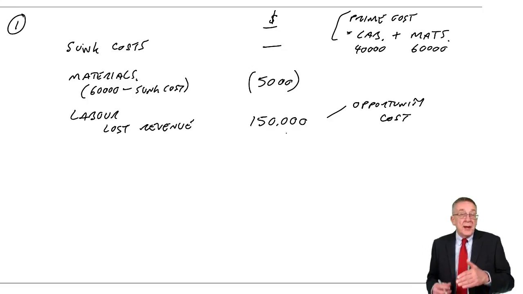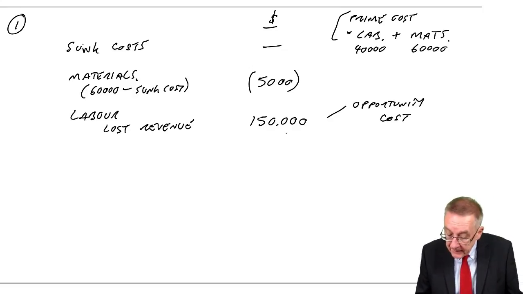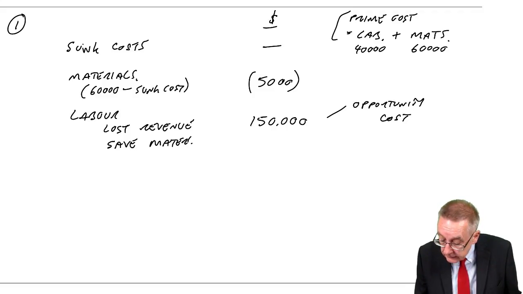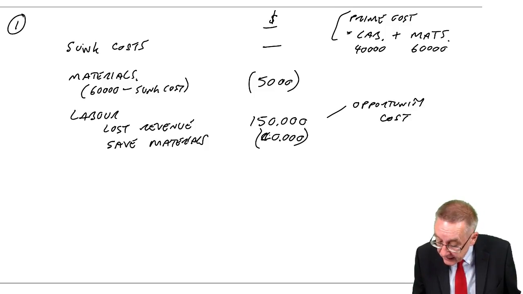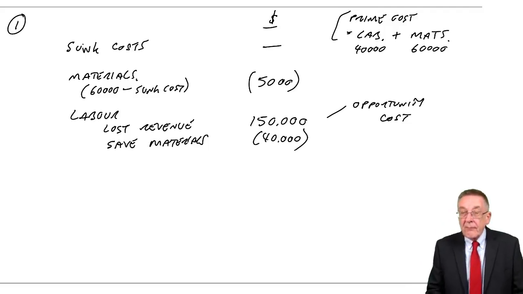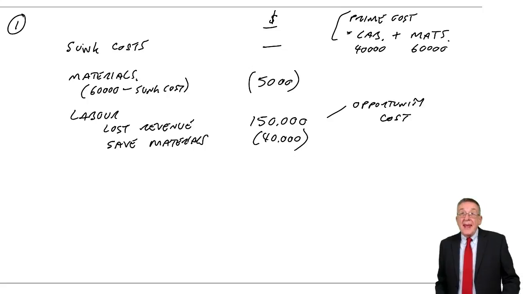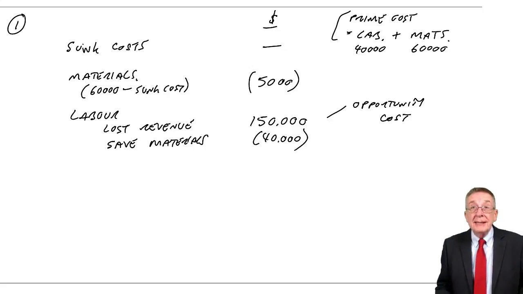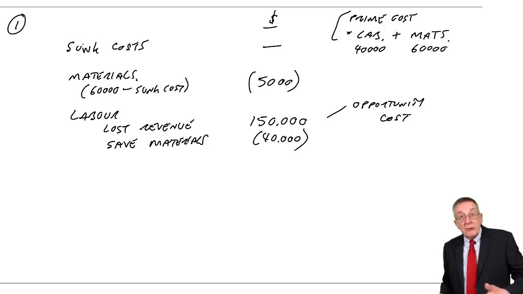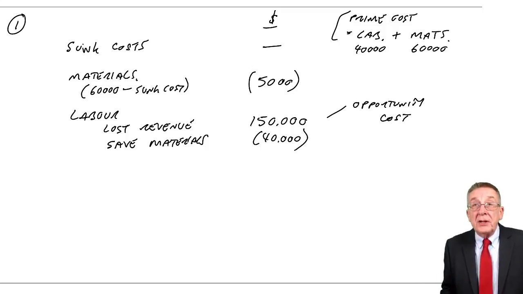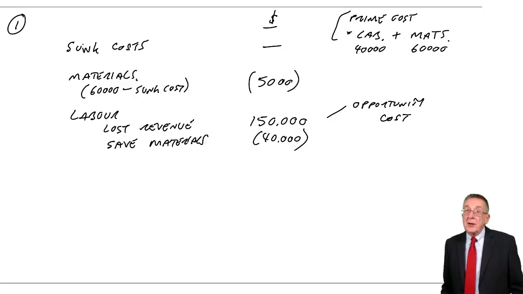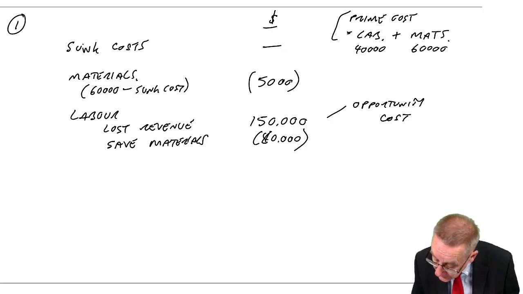Although we'll lose revenue that we could have earned of 150, we'll save on the materials, 60,000. Again, it's a saving, so a negative cost. Because if we don't make this other product, we don't get the revenue from the other product, but because we're not making it, we don't have the cost of the other product either. We don't have those materials. The materials, sorry, was 60, not 40, 60.